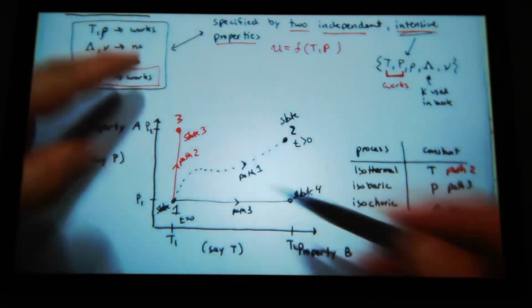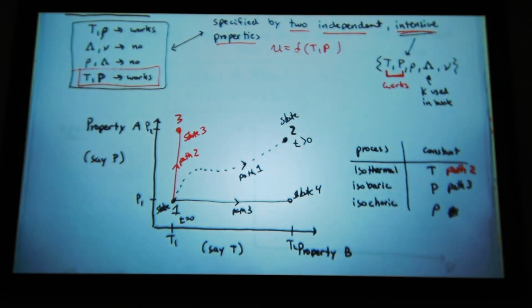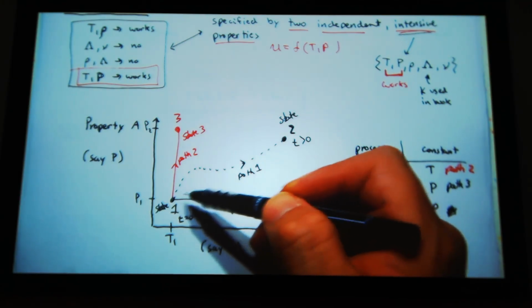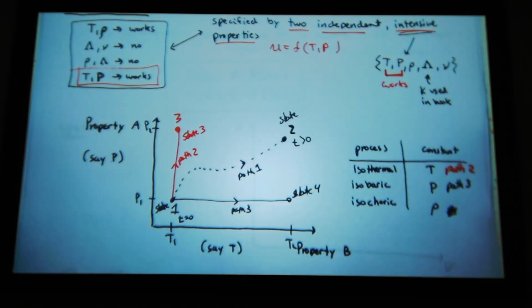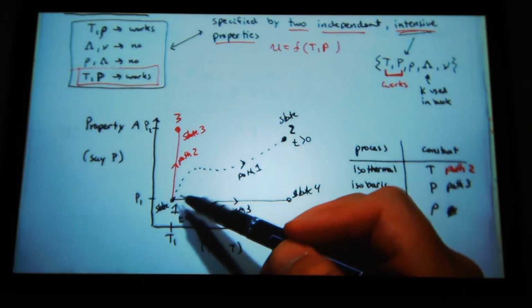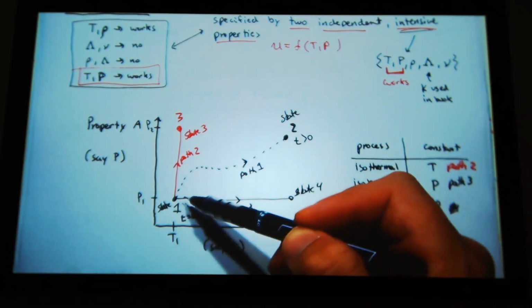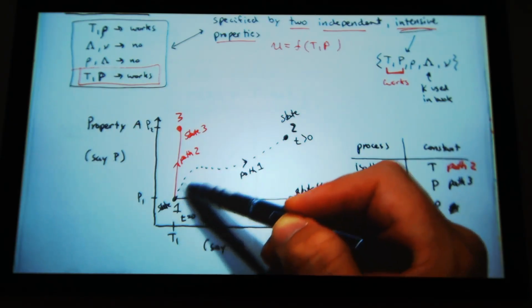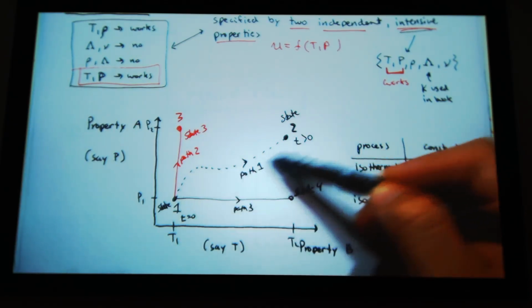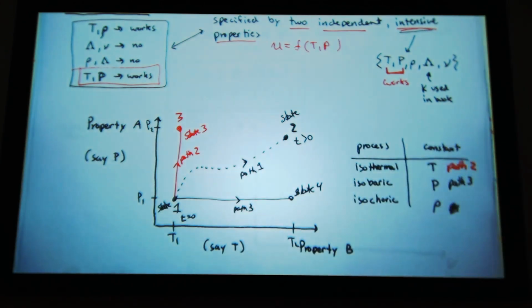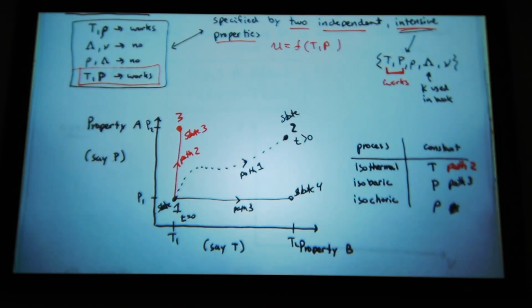So we're just drawing. I'm indicating that I can have a state to the system. I can represent that state of the system as a point on a graph. There's a path that I have to take to go to here. And so this represents the change in temperature and pressure of my system as it goes from state 1 to state 2. When I draw it like this, that change in temperature and pressure is represented by a path taken.